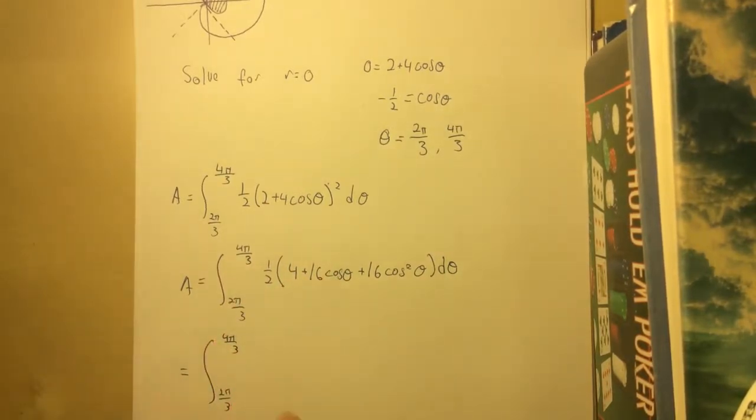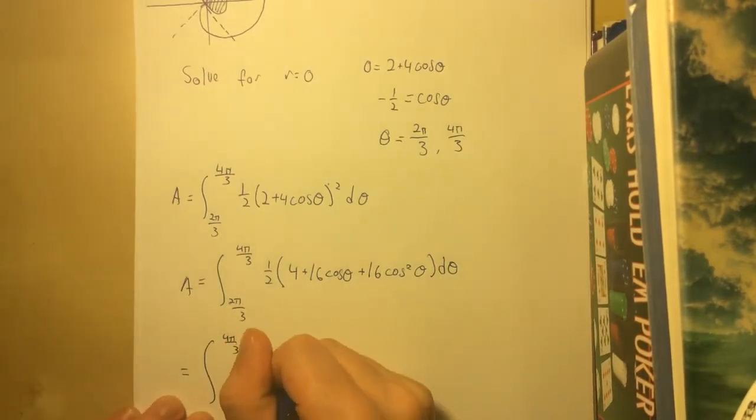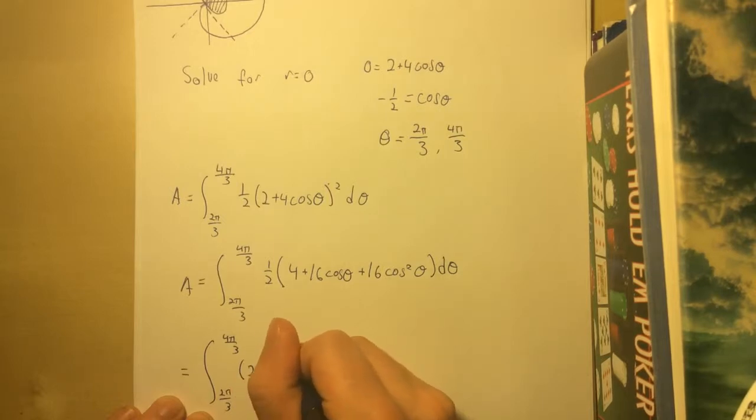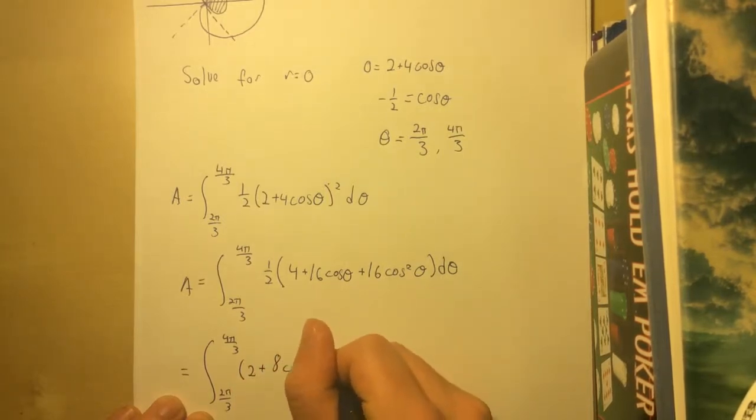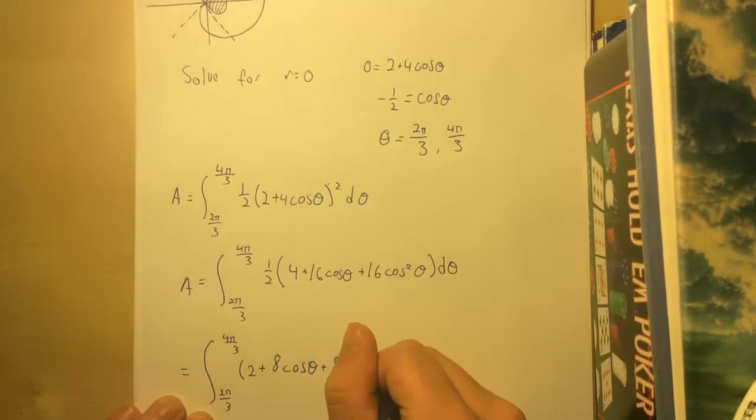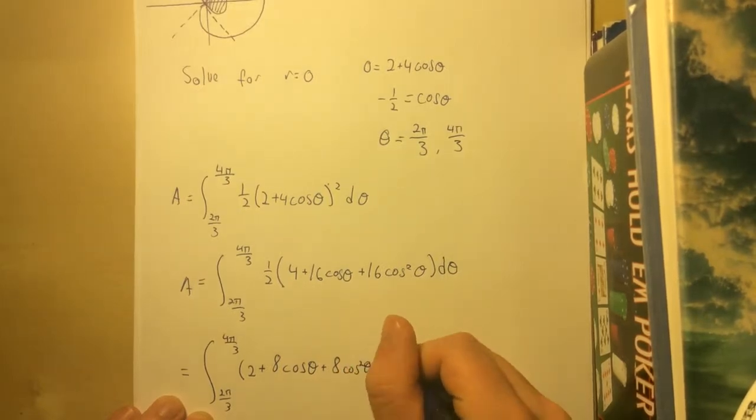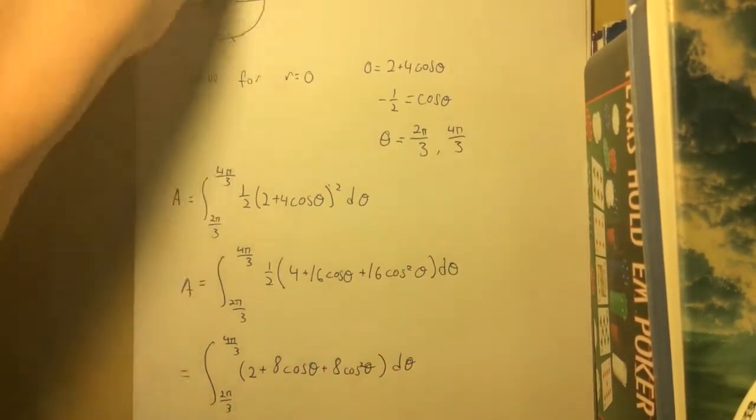And now multiply out the 2. We get 2 plus 8 cosine theta plus 8 cosine squared theta, d theta.